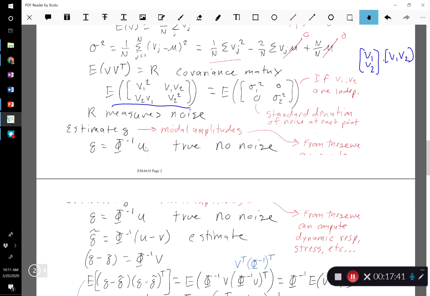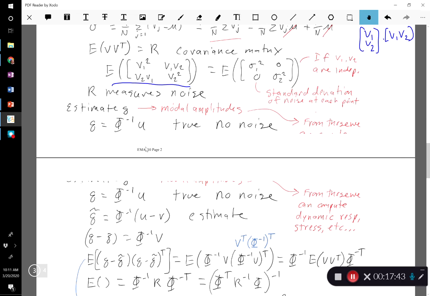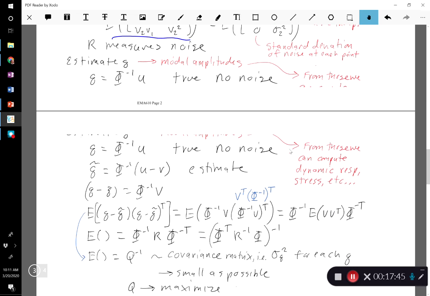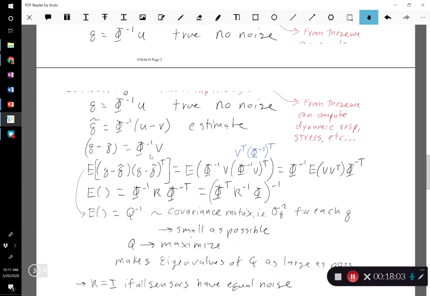We know how the structure is moving. We could compute the stress. We could do a modal acceleration analysis or a modal displacement analysis to compute the response. So we basically know everything that's happening. So those are our 2 metrics.